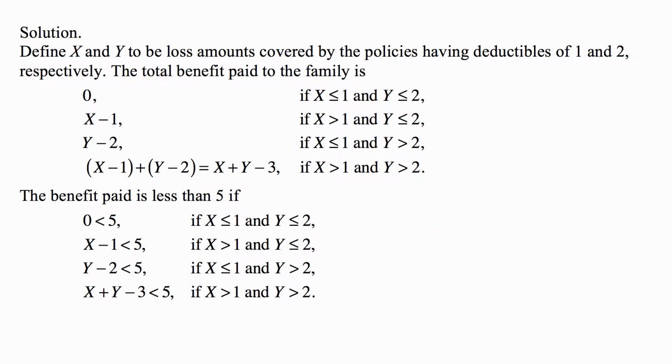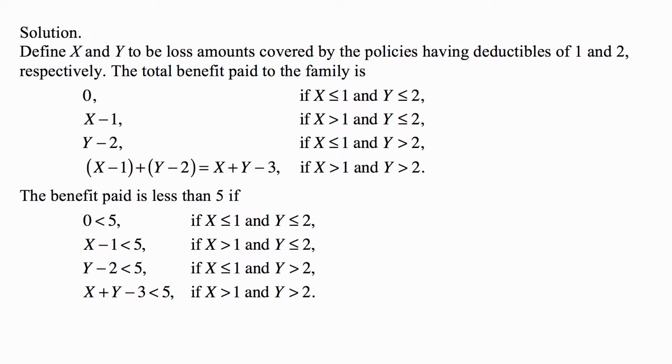So let's denote by X and Y the loss amounts covered by the two policies, the first one having a deductible of 1 and the second one having a deductible of 2. Then the total benefit paid to the family is 0 if X is less than or equal to 1 and Y is less than or equal to 2.